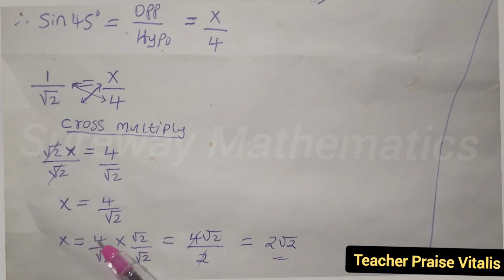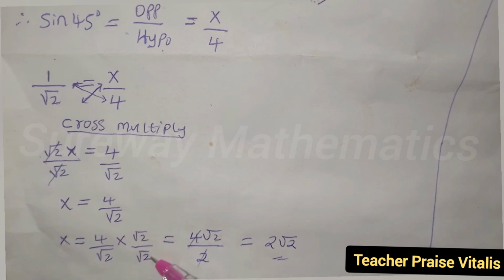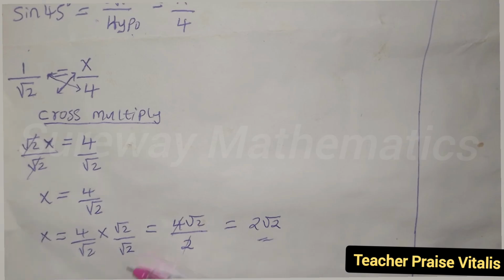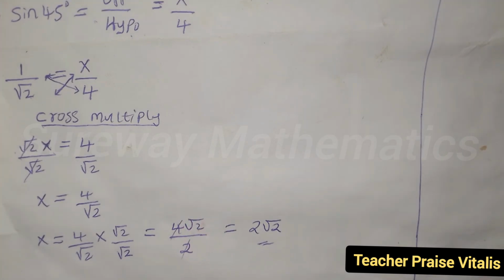So that we multiply numerators and denominators. 4 times root 2 is 4 root 2. Then root 2 times root 2 is 2. In short, root n times root n equals n. That is why root 2 times root 2 equals 2. So we divide 4 by 2, and we will be left with 2 root 2 as the solution.